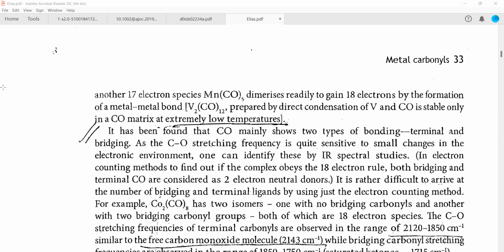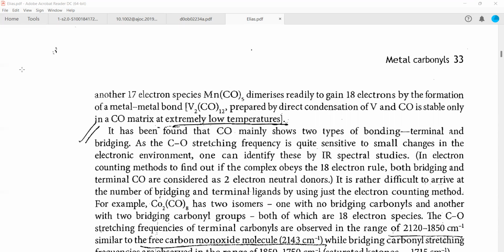So the bonding of carbonyl to the metal center can be of two types: terminal and bridging. Whether the carbonyl is bridging or terminal, you can get information from spectroscopy, and that is IR. As the CO stretching frequency is quite sensitive to small changes in the electronic environment, one can identify these by IR spectral studies.